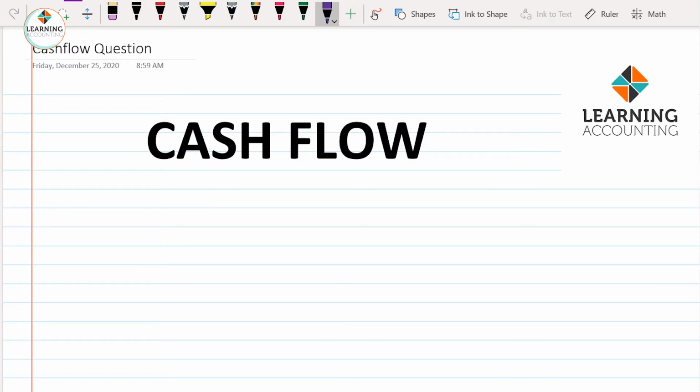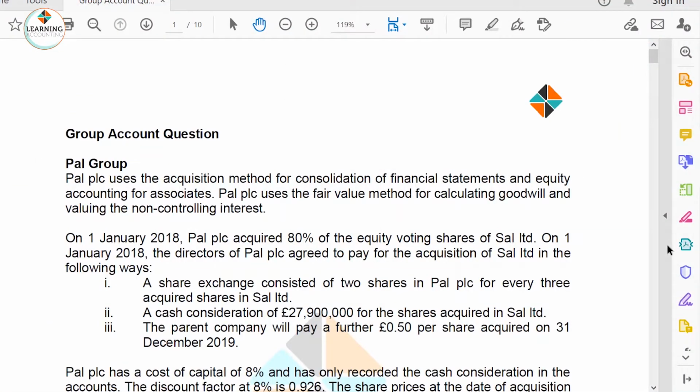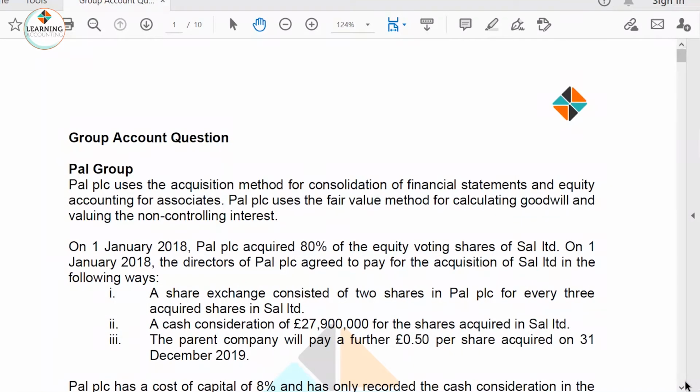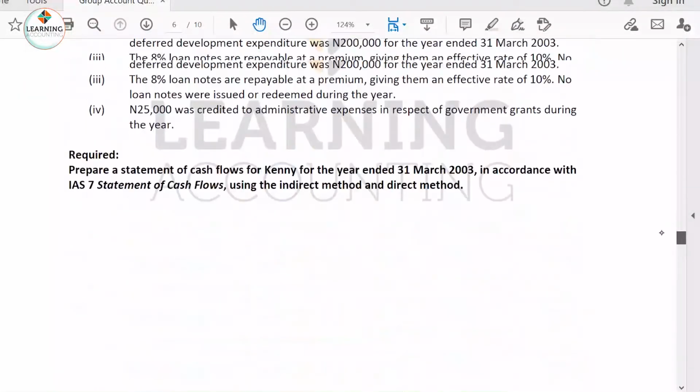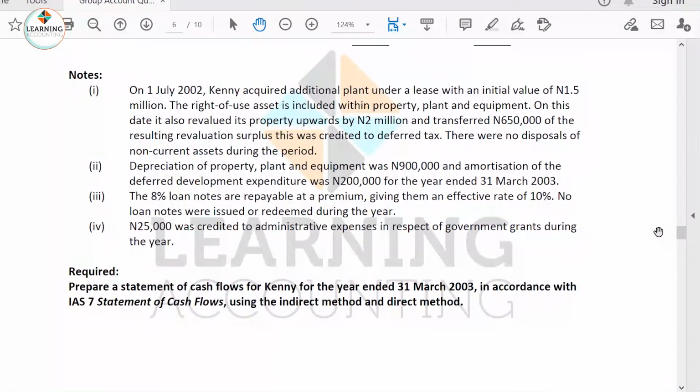Okay, I have a question here, so let me quickly run down it. It says we should prepare a statement of cash flow for Kenny for the year ended 31st March 2003 in accordance with IAS 7, using the indirect method and the direct method.